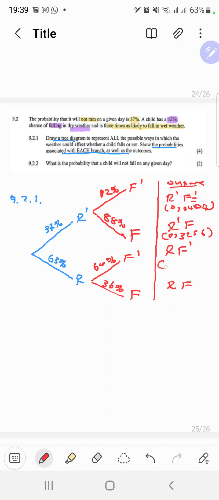And then of course this one is going to be 63% multiplied by 64%. That is something. So I'm getting 0.4032. Okay, and then this last one here is going to be 63% multiplied by 36%.